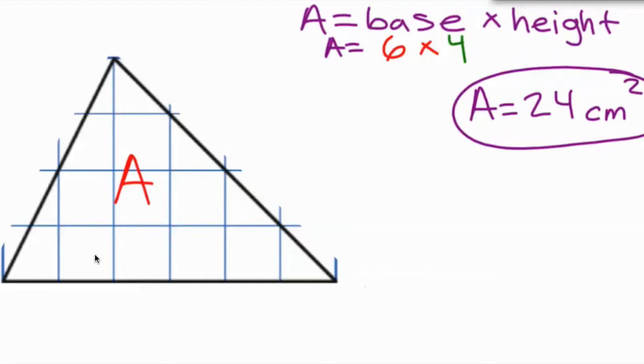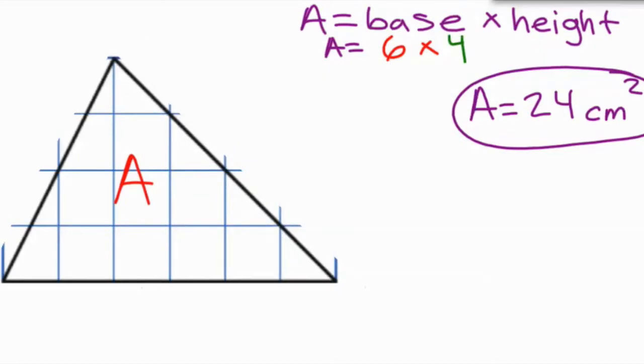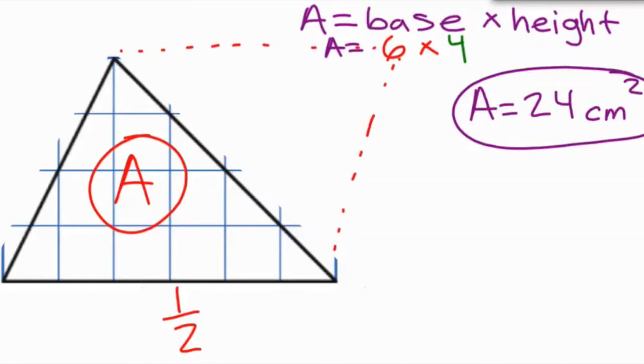And let's look back, maybe put it back. Are we noticing something? Are we noticing what fraction triangle A is? If you're saying that triangle A is 1/2 of that parallelogram, you are absolutely correct.